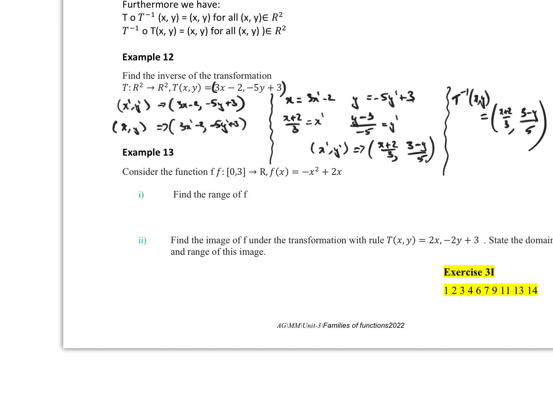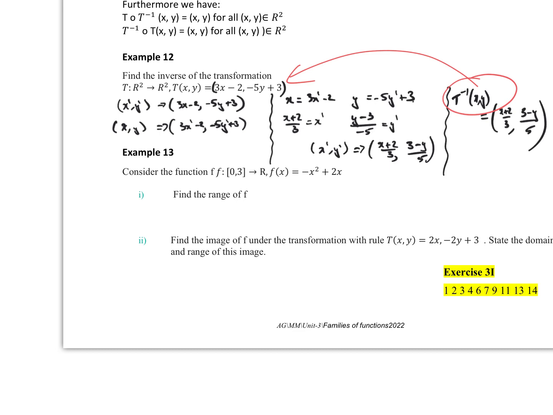So really, that's the transformation that we apply. If I apply this transformation to the original transformation, we just end back at (x, y), which is sort of the inverse function concept. All right.